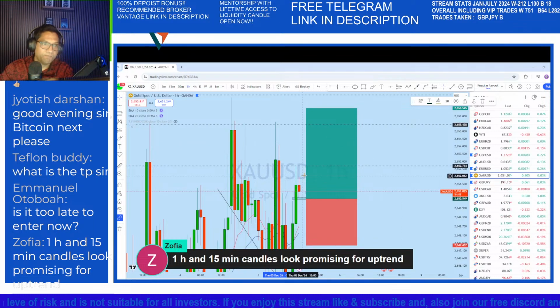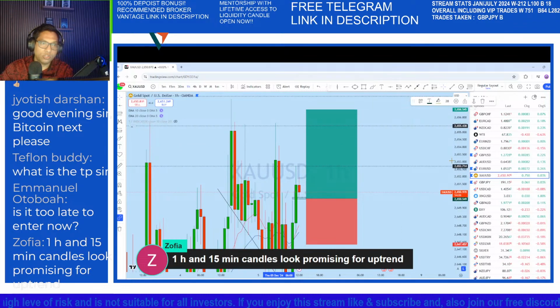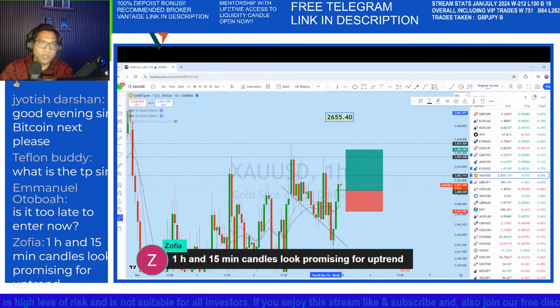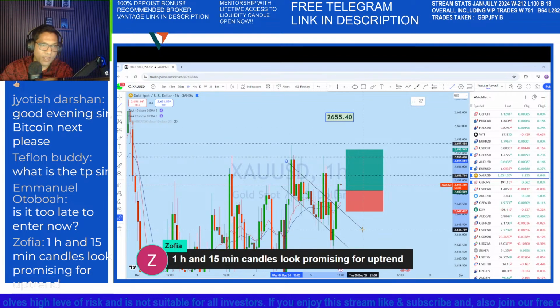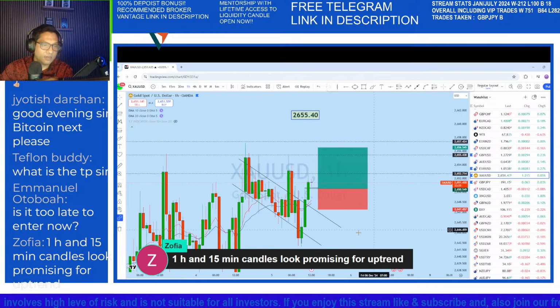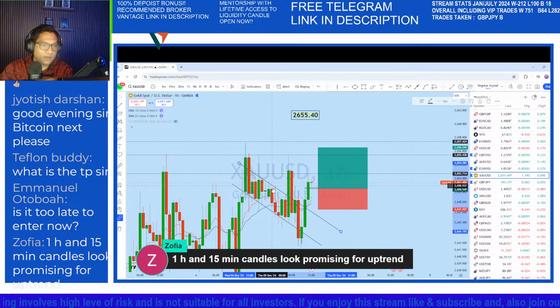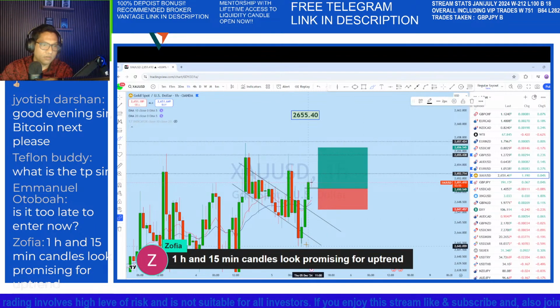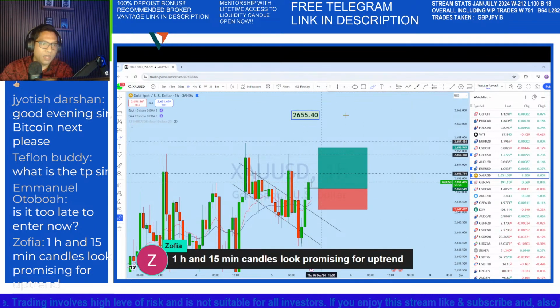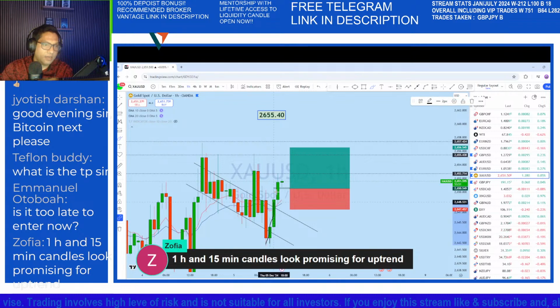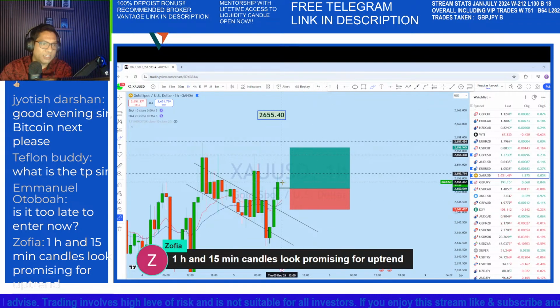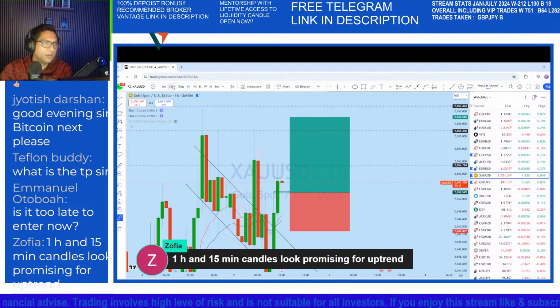But I think expecting the 1 hour, because if you look at here from this bull flag, this is a bull flag here, and with this bull flag, you can see the market broke below, grabbed the liquidity and bounced. So therefore expecting it to trend in the direction which is in a bull flag.